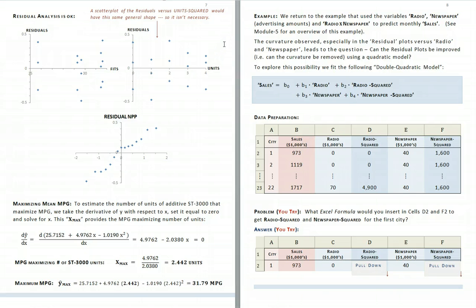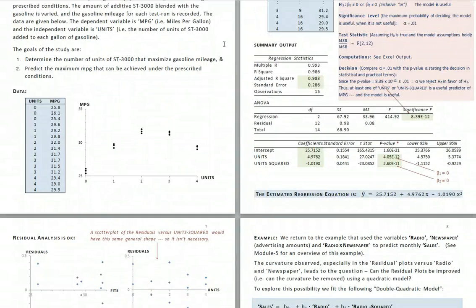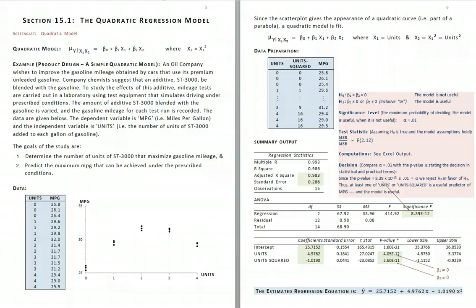Now that we know we have a good quadratic model, we can proceed to determine the number of units per gallon of the additive to maximize the miles per gallon. Based on the scatter plot of the data, we would expect the miles per gallon maximizing number of units of the additive to be between 2 and 3.